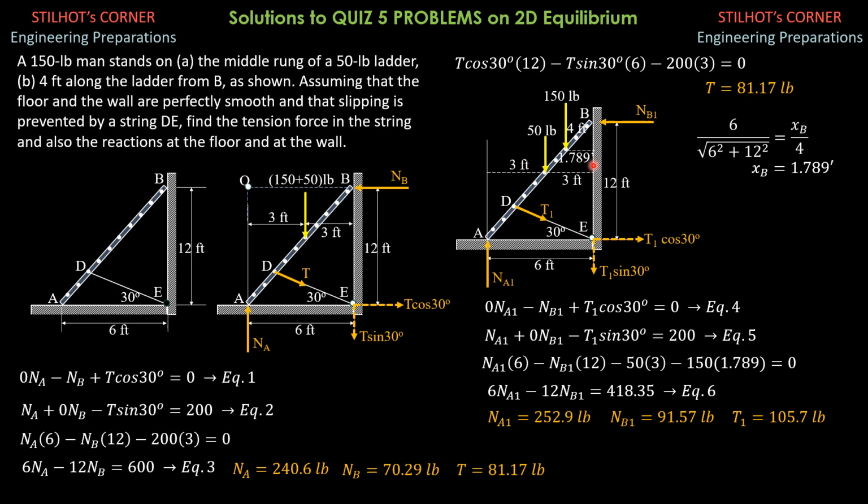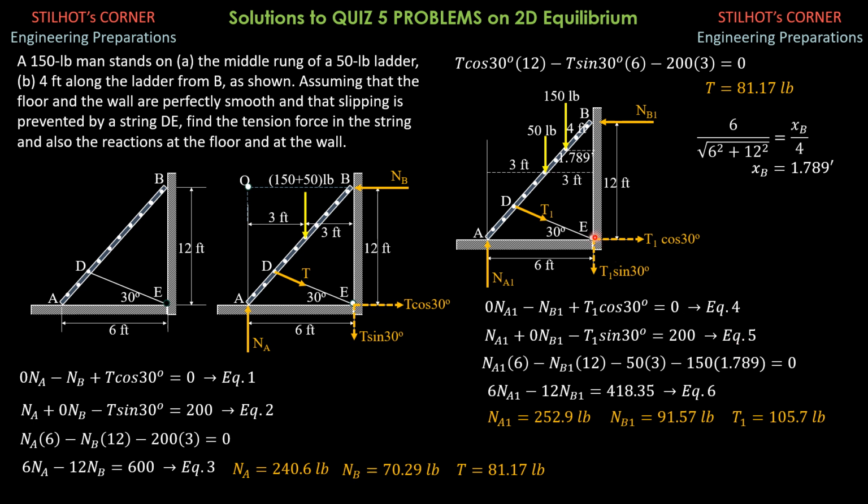So having found xb, we can now set up again the same equations. Summation forces x equals 0, so 0 NA1 minus NB1, then plus T1 cosine 30 degrees equals 0, equation 4. Summation forces y equals 0, NA1 plus 0 NB1, then minus T1 sine 30 degrees minus 200 equals 0, 50 and 150, or equals 200, equation 5.